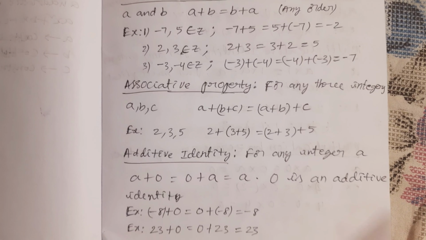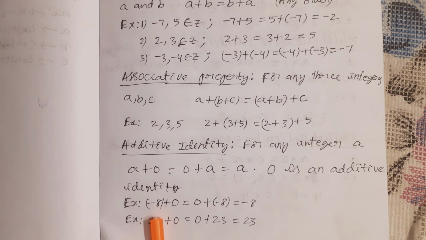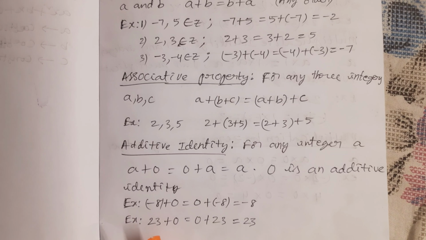So here I am giving the example -8 plus 0, 0 plus of -8. The value won't change because 0 has no value. So -8 comes. Here 23 plus 0 is equal to 0 plus 23 is equal to 23. That means here 0 is an additive identity.